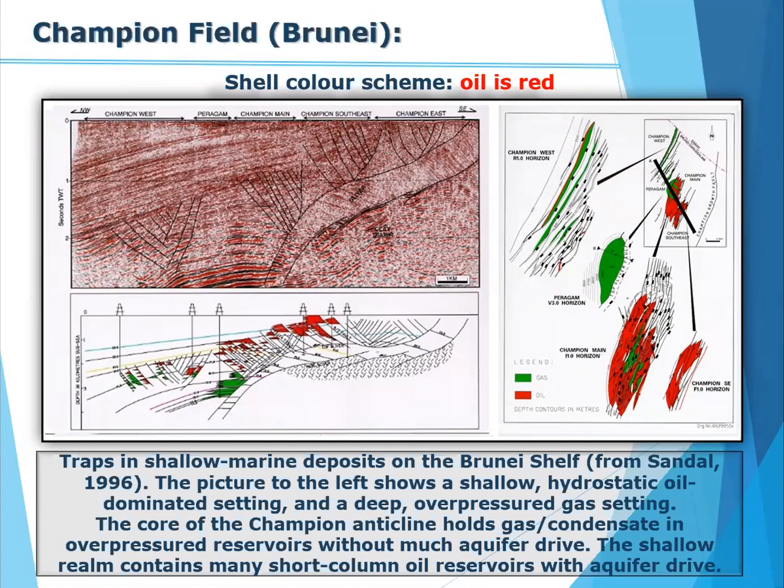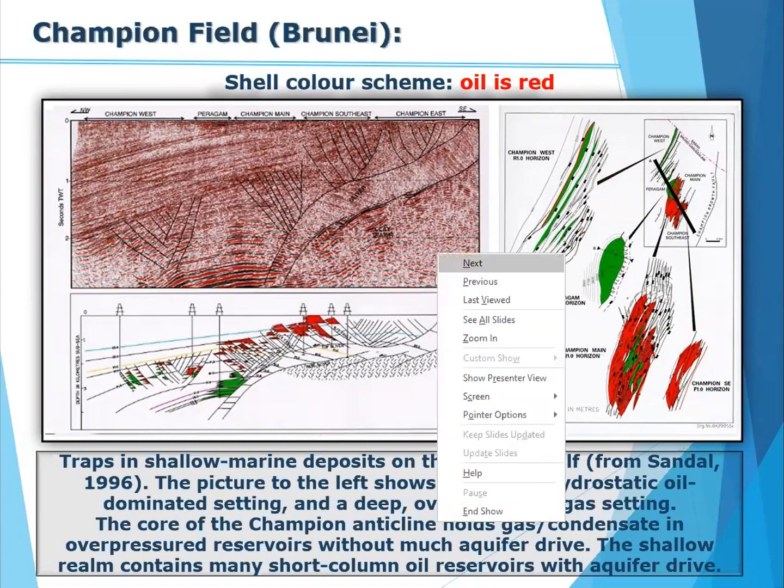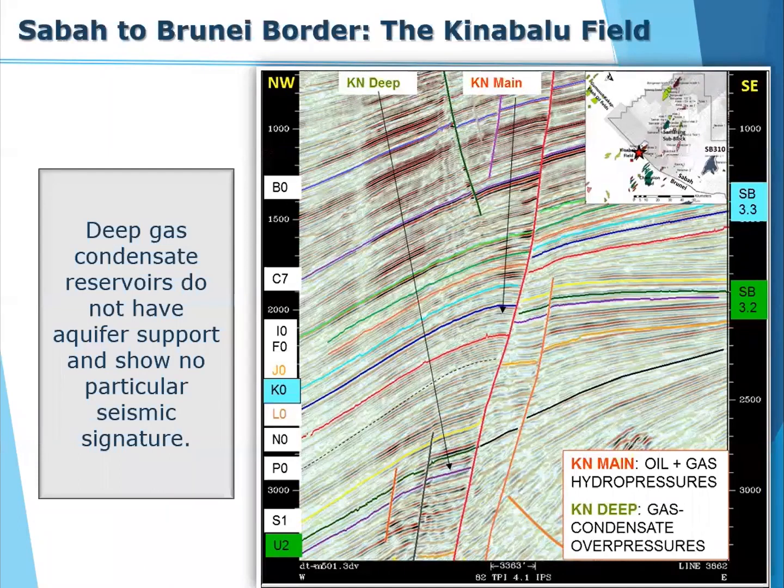Okay, and let's look at what the statistics are like in the next slide. So this is a section through the Kinabalu field in Brunei. It's called Maharaja Lela. It's the same thing.